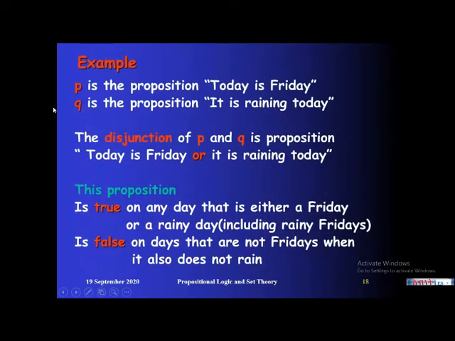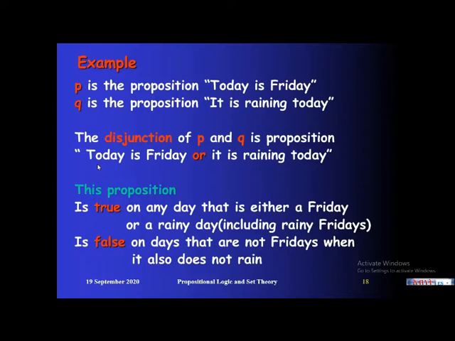Here are examples. P is a proposition that says today is Friday, and Q, it is raining today. So when you write this, today is Friday or it is raining today. So the compound proposition is today is Friday or it is raining today. Now we have to consider it as a single statement. That means it will have what?